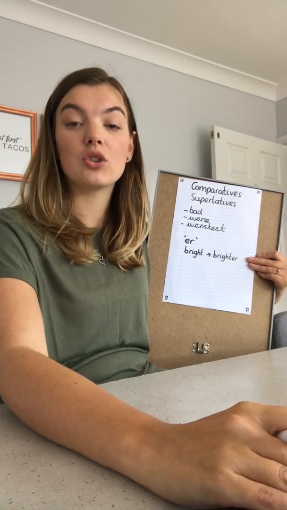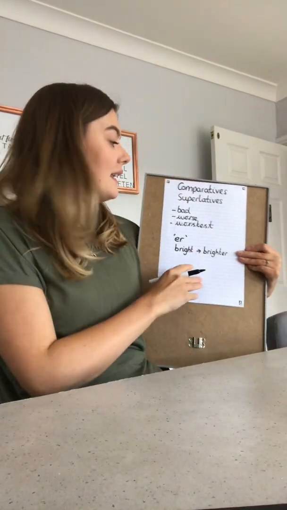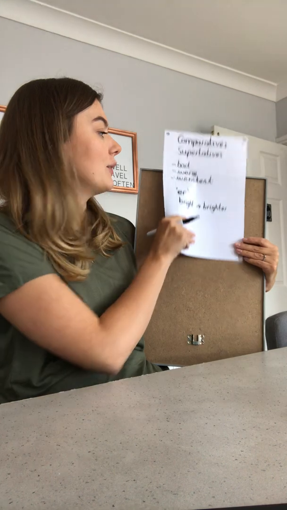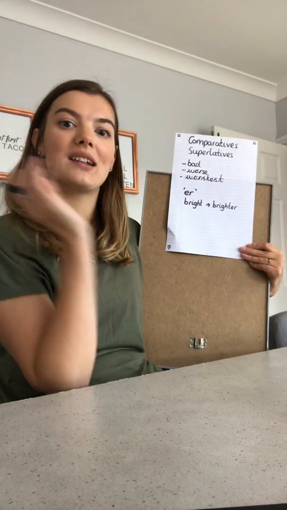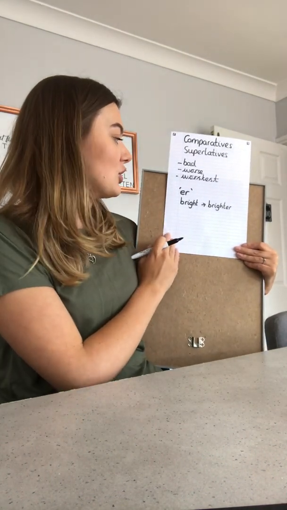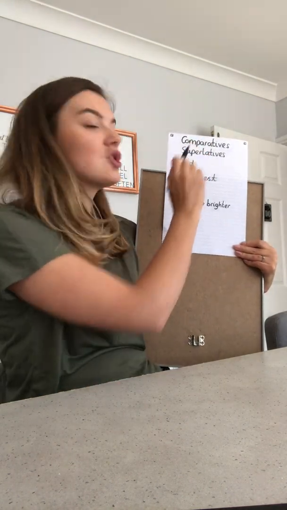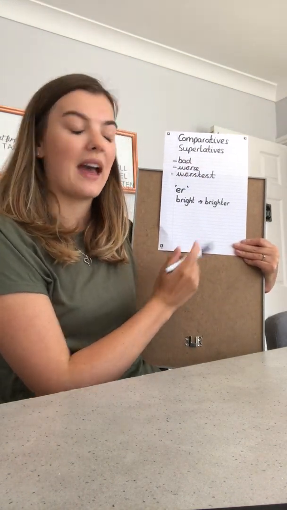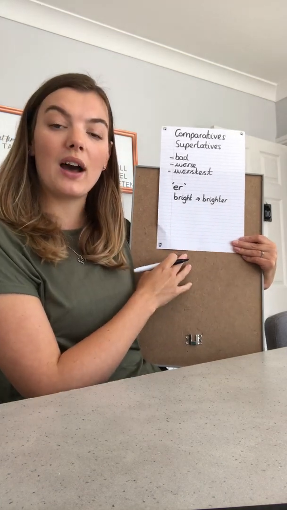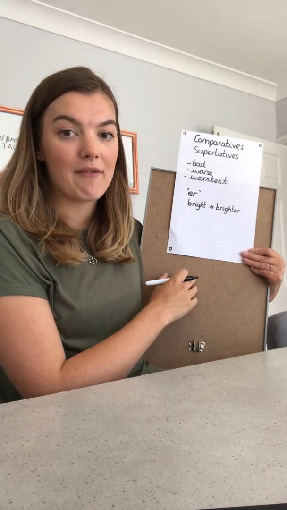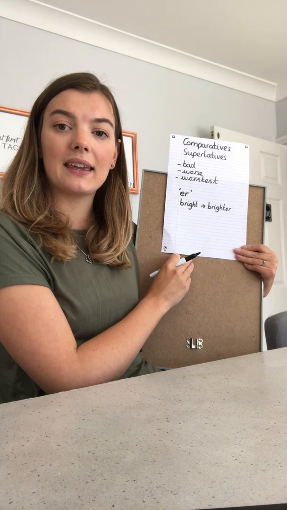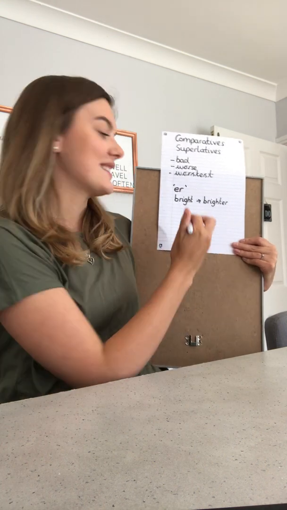You're comparing two things. Now, a quick activity for you. I am going to write some words on my piece of paper and I want you to have a go at adding the suffix er onto the end to make it a comparative adjective. So let me write the words, then pause the video and have a go at adding the suffix er onto the end.